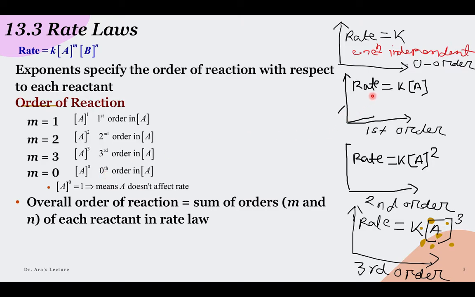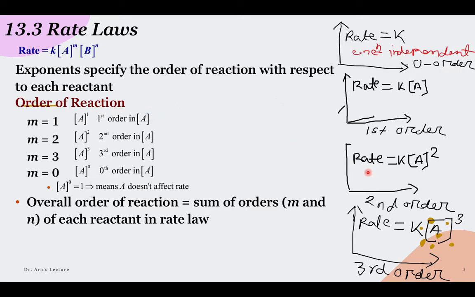Next, if the rate equals k times the concentration of A, that means the power is 1, and we will consider this a first order reaction. That means when the m value is 1 with respect to the concentration of A, then the reaction order is 1 for the concentration of A.